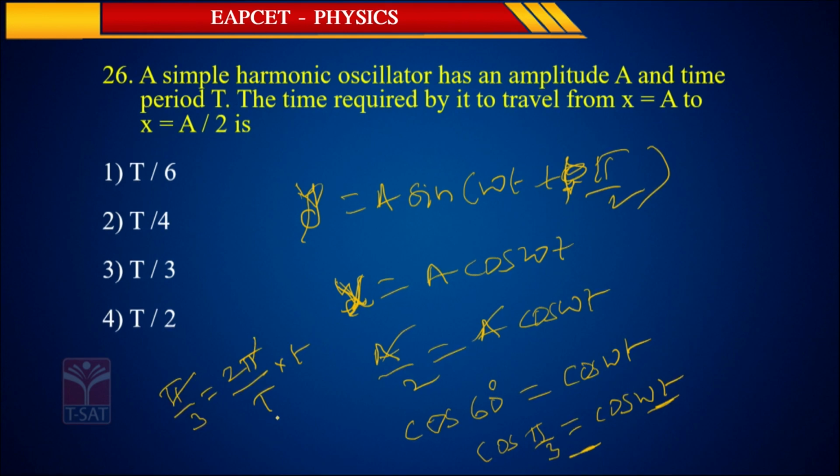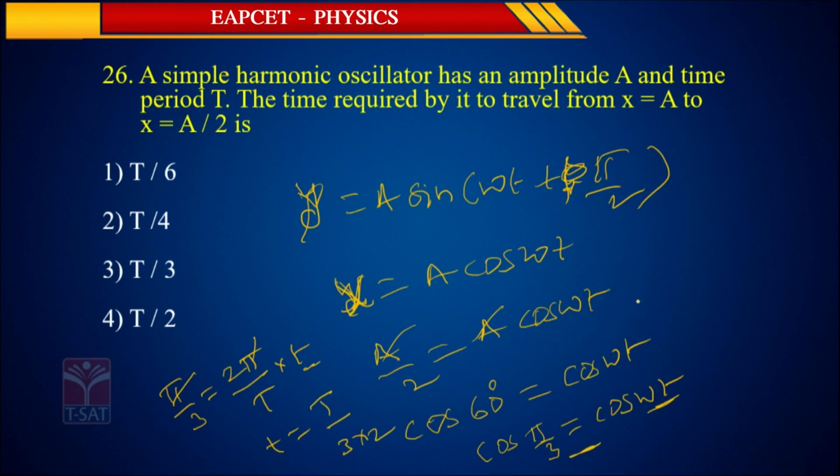Okay. Here what do we want as the answer? We want to find out the small t value. Small t is equal to, this capital T went to the left side, and the 2 comes down. 3 into 2.